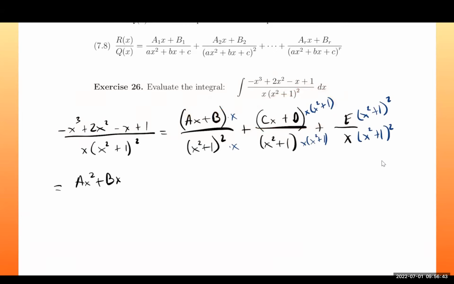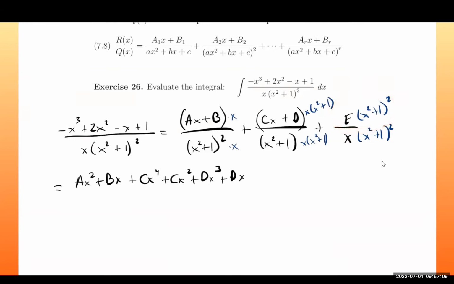For this one, I'm going to go ahead and just write out what I ended up getting for that. Save us a little bit of time. So let's see, it turned out to be cx to the 4th plus cx squared plus dx cubed plus dx.